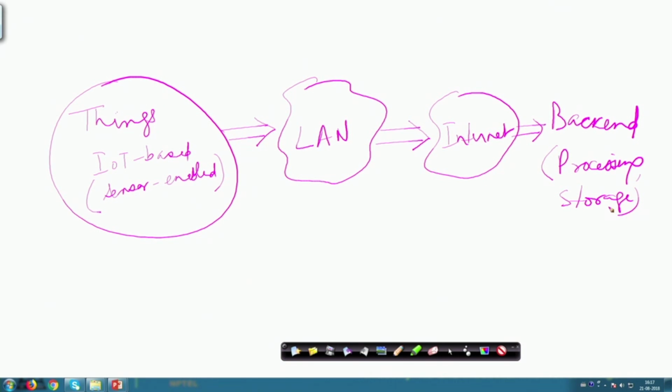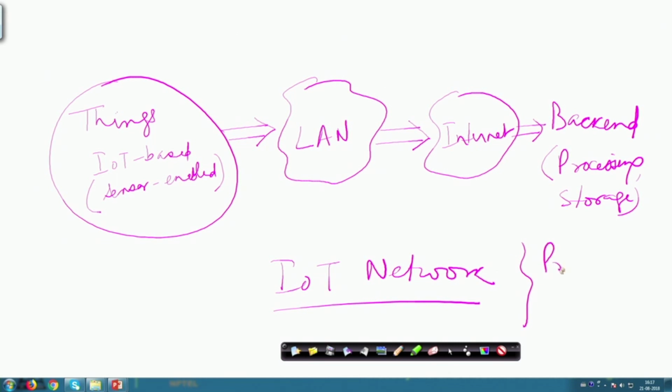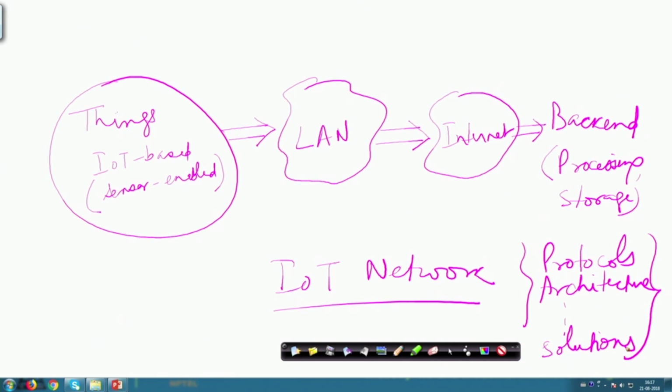So, this is this network and the corresponding protocols, architecture and other aspects of solutions that we need to understand in considerable detail. So, here in this lecture we are simply introducing you to the overall concept of the networking aspects, but gradually down the lane throughout the course we will talk about many of these things in further detail and their applications in the real context.